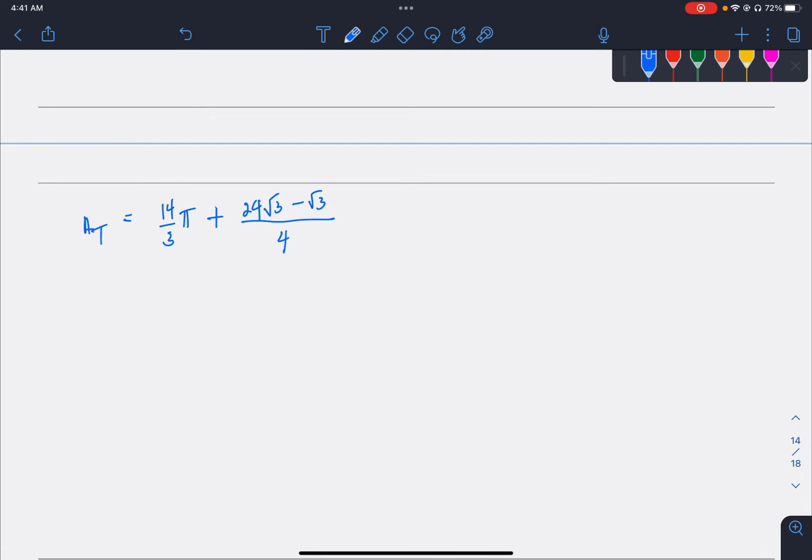So which makes it 14 over 3 pi plus 23 square root of 3 all over 4.